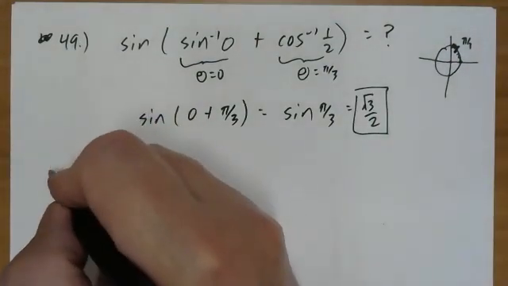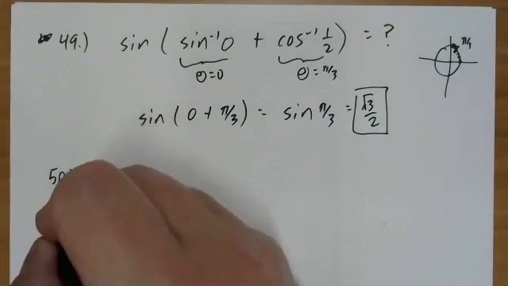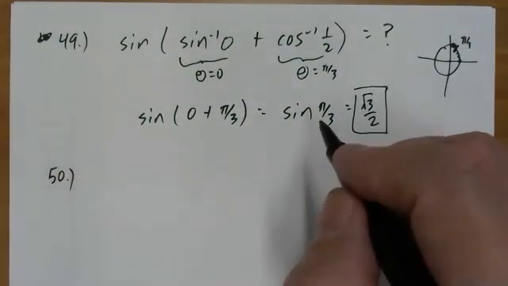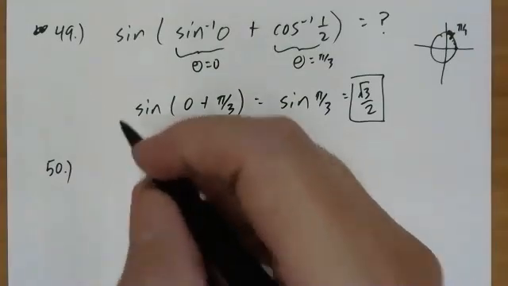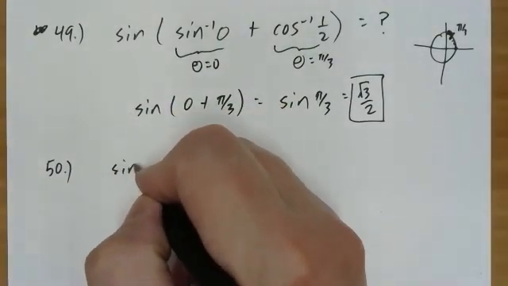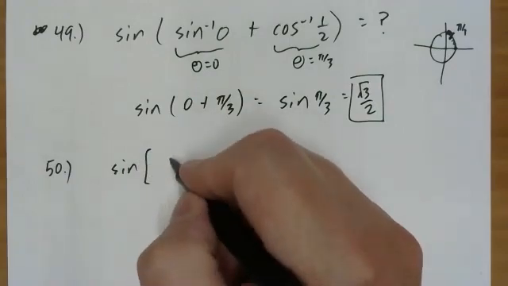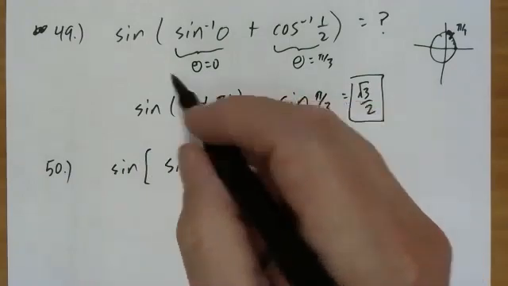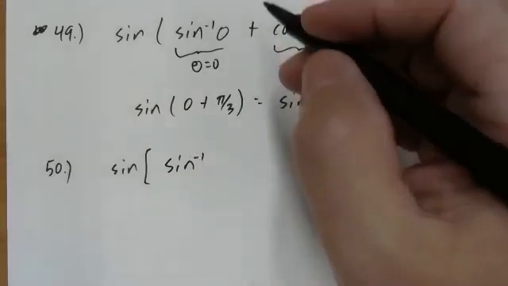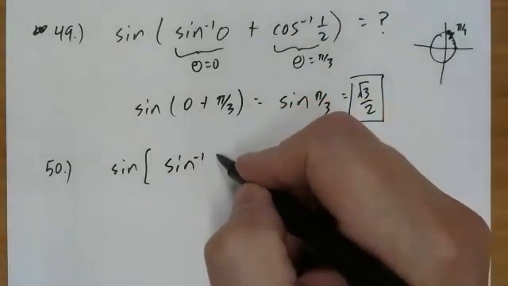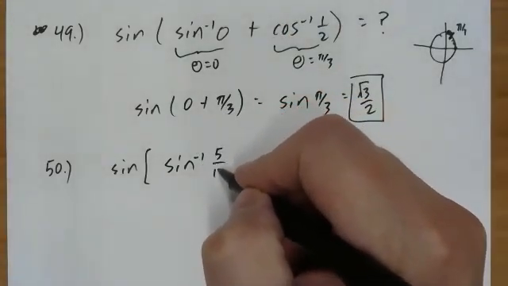Now the next and the last problem is similar, but a little more tricky. Let me write it, then I can describe to you in what way it's similar and what way it's different. The sine of the inverse sine, so it's starting out the same way, but here the inverse sine is 5 over 13.